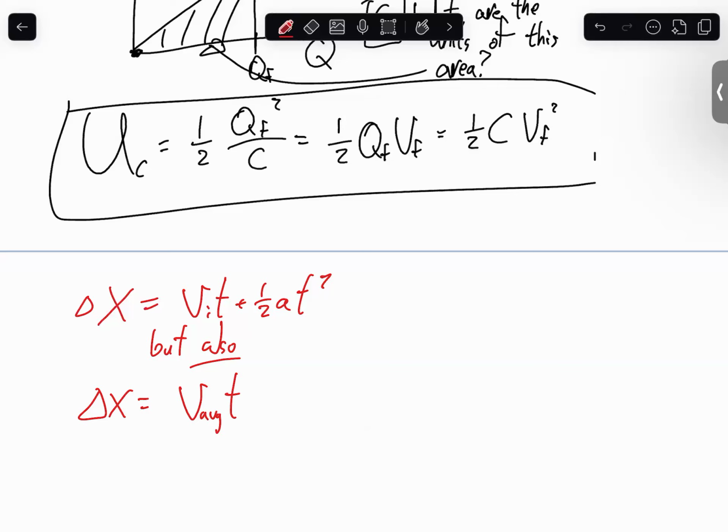Total change in position you can get by the formula with acceleration in it, or at first you can calculate the average velocity. The miles that you cover is the average miles per hour times the hours, if you have a way of finding the average velocity. Do you remember this? Is this making connections? Sort of? Okay.